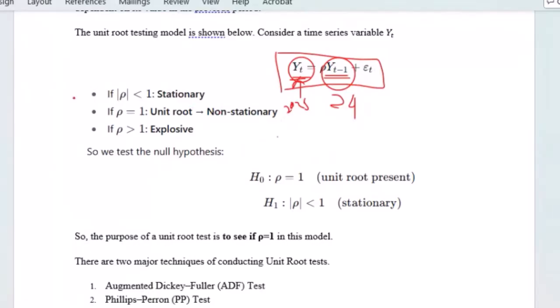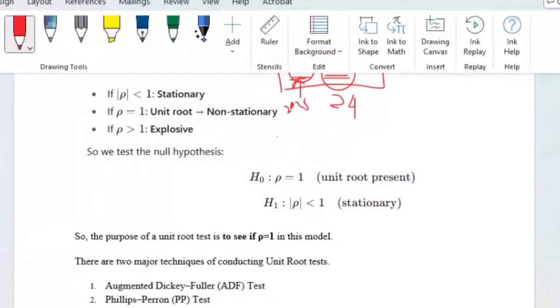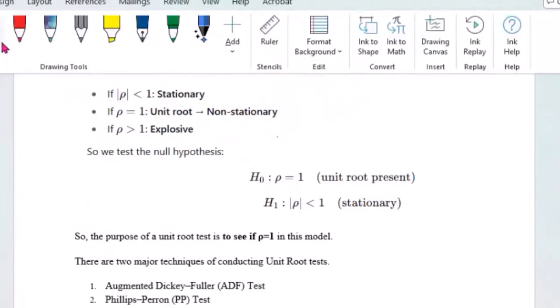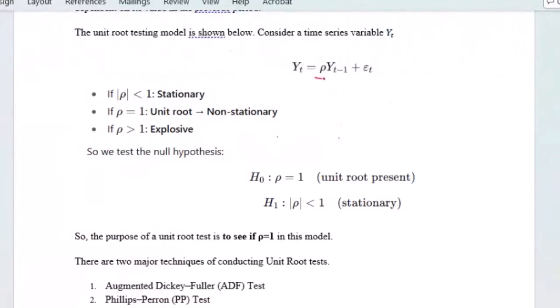When you are carrying out the test, we assume that this p, this constant here, if p is less than 1, the data is stationary.